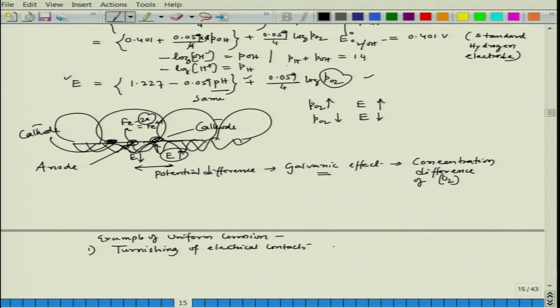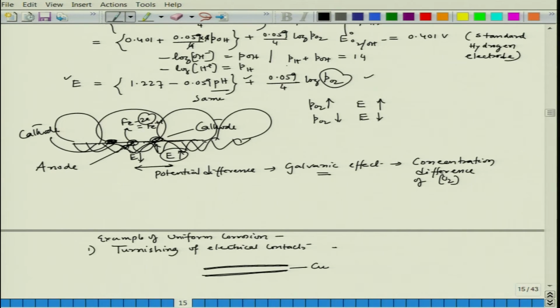Whenever we have, let us say, a wire and there is a plastic cover, and this wire is, let us say, copper. Okay. Now, the interesting part is copper has so many reactions with the environment.